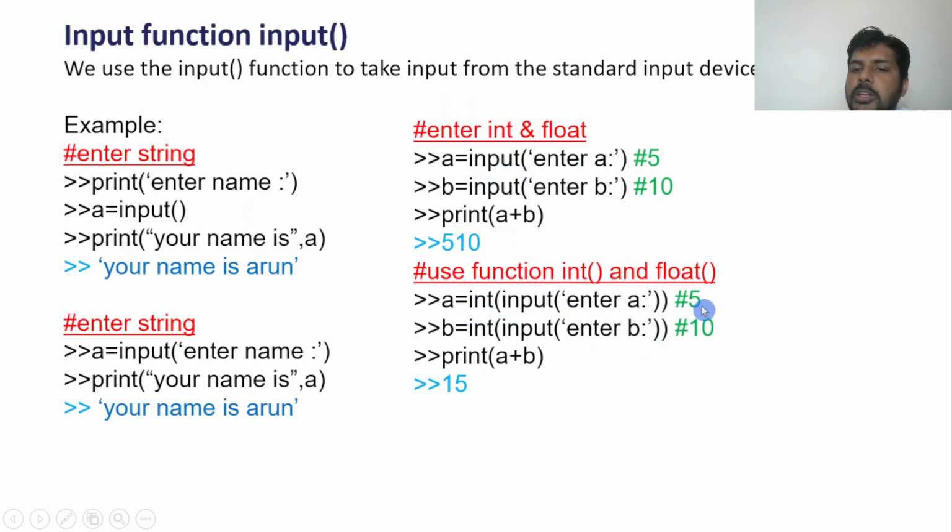So now when I type 5, the 5 will be converted into an integer and stored in a. When I type 10, the b value will be converted into an integer and stored in b. And when I say print a plus b, it will print as 15. So let us see once.